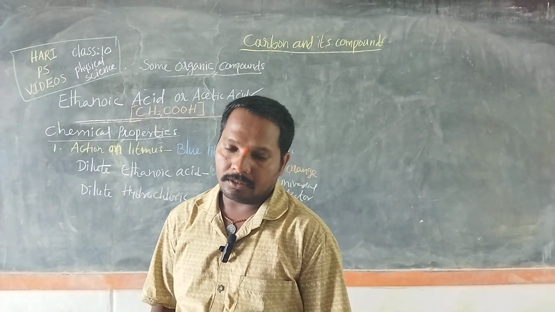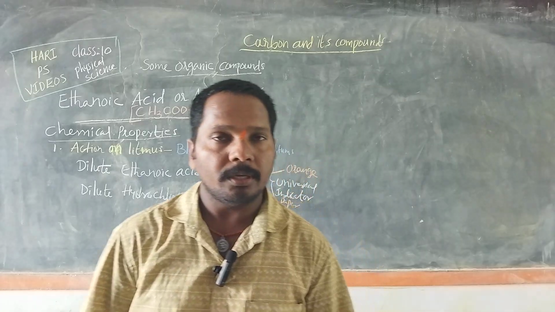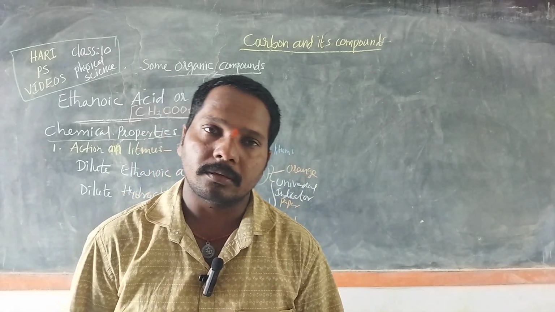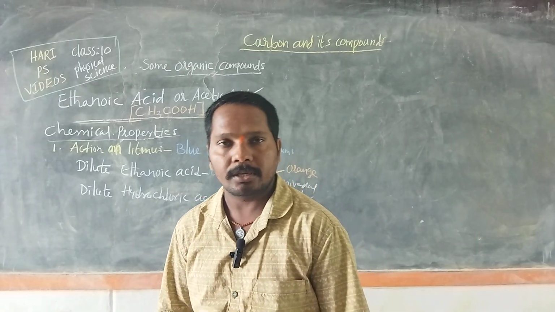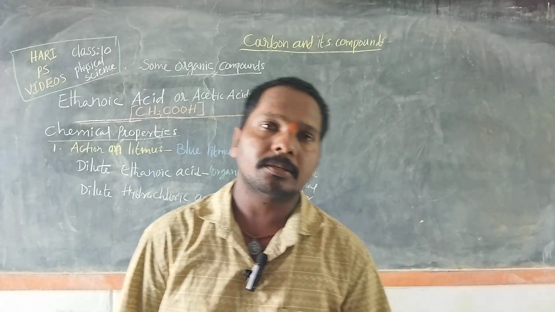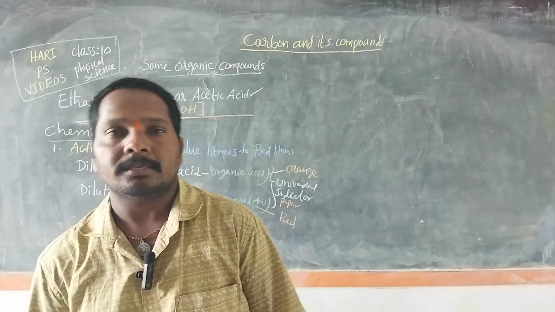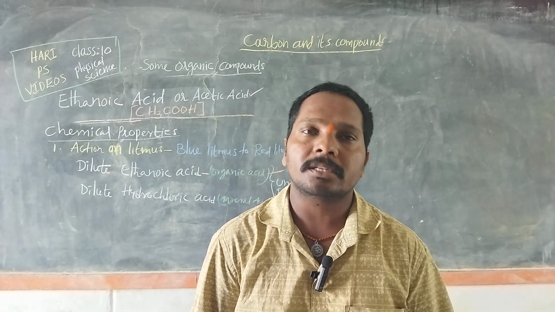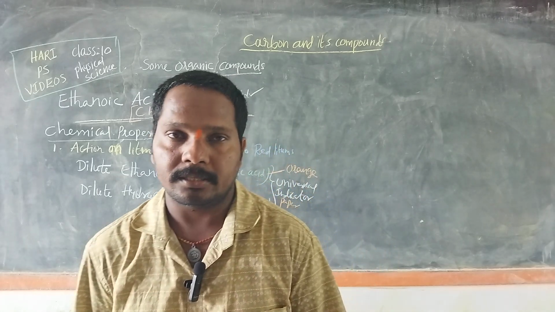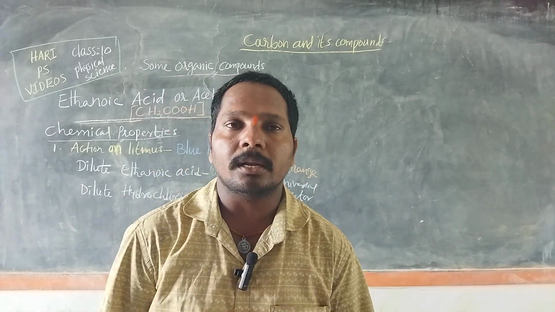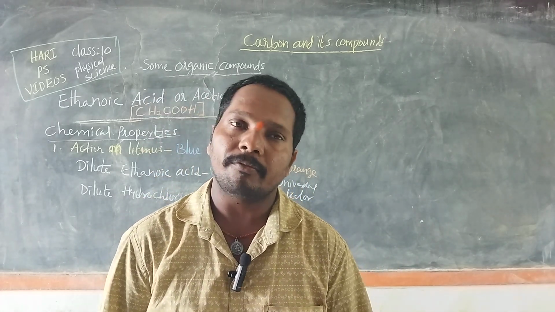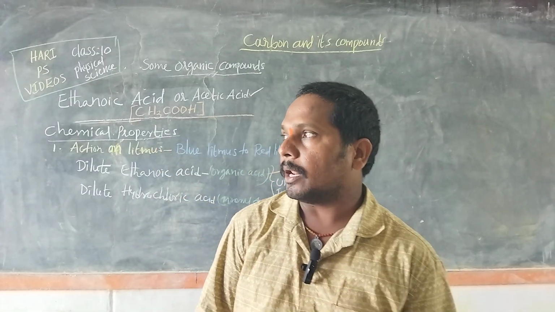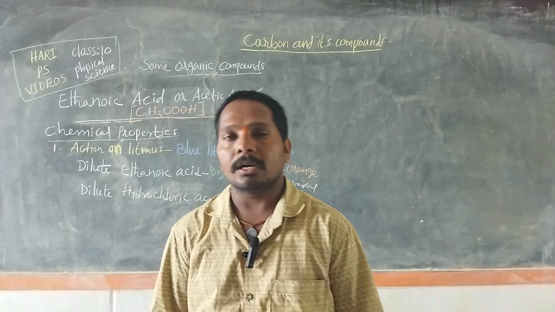Dilute ethanoic acid turns blue litmus to red, showing it is acidic in nature. Dilute hydrochloric acid also changes blue litmus to red litmus. Both are acids but have different strengths. In general, organic acids are weakly acidic, whereas mineral acids have strong acidic nature.